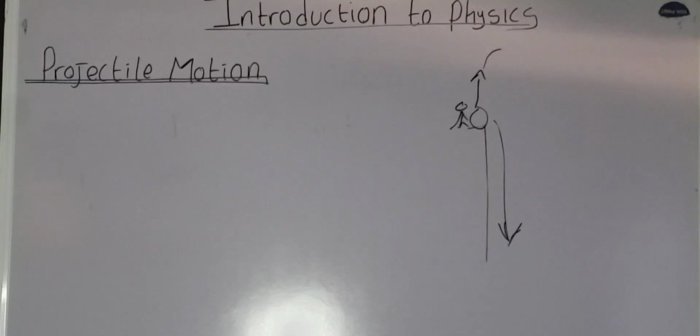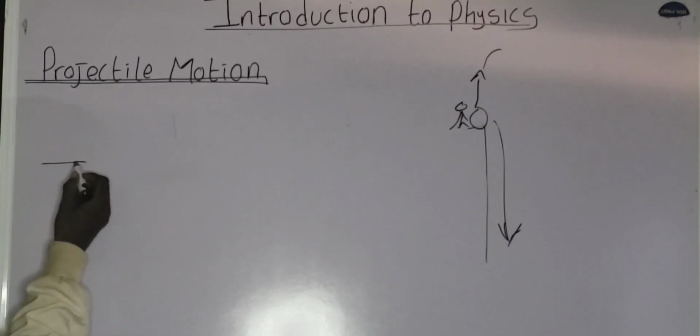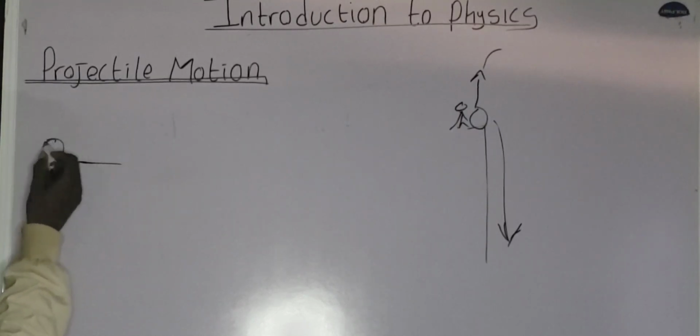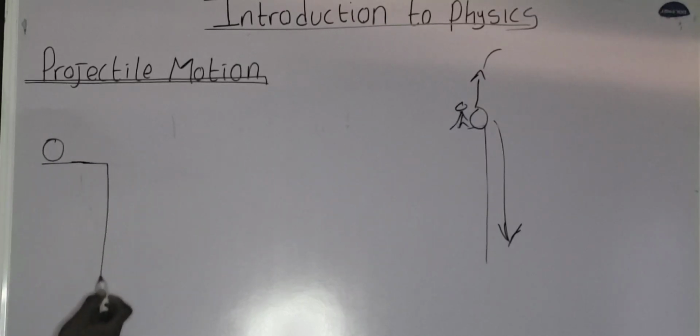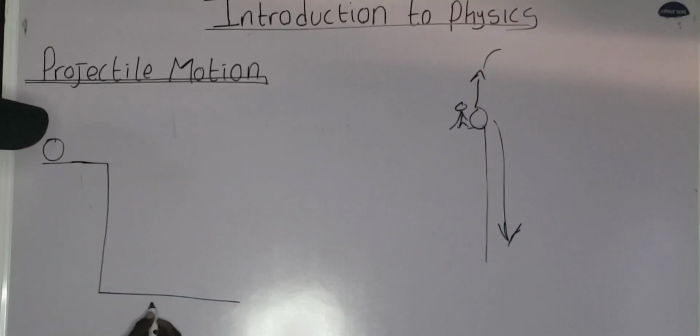Now, both examples are one-dimensional projectile motion. Because we only resolve the velocity and the acceleration into one component, that is the x-axis. Now we are going to deal with two-dimensional projectile motion. Let's assume this is a ball, and we have the earth.